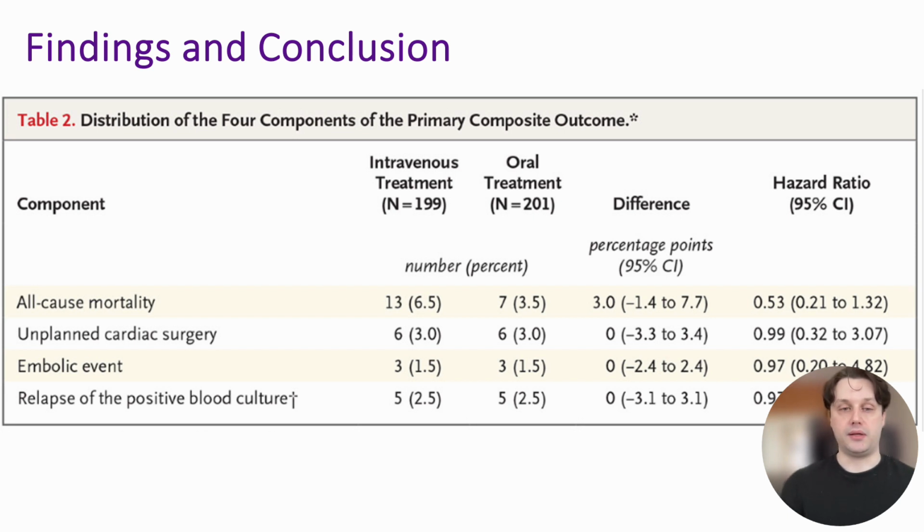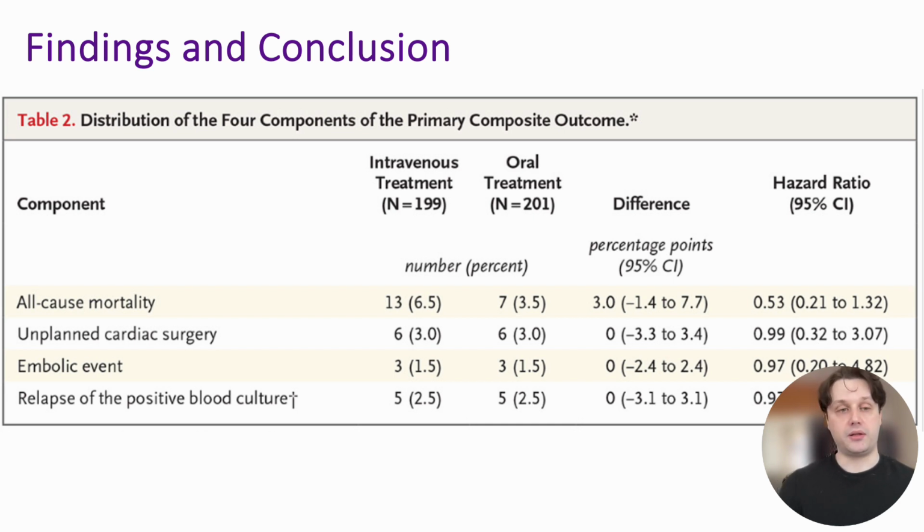But there is a difference in all-cause mortality of 13 versus 7, with a 3% change in difference, with a hazard ratio of 0.53. And this really shows that oral antibiotics are non-inferior to IV antibiotics. So we are able to start IV antibiotics for 7 to 10 days and then transition to step-down therapy with oral antibiotics that we've discussed from the previous page.